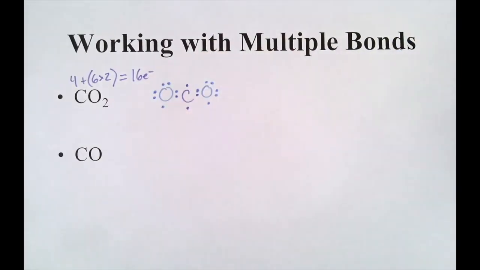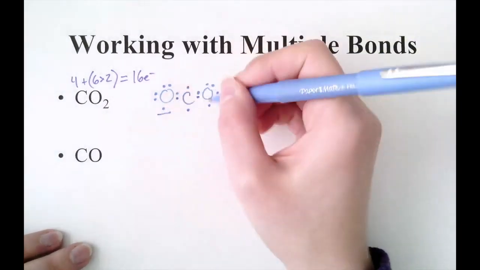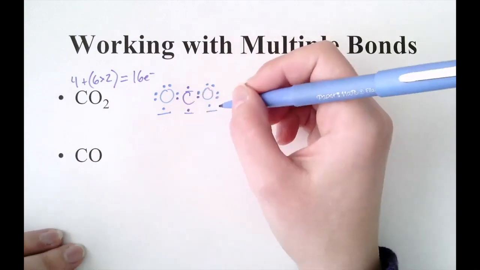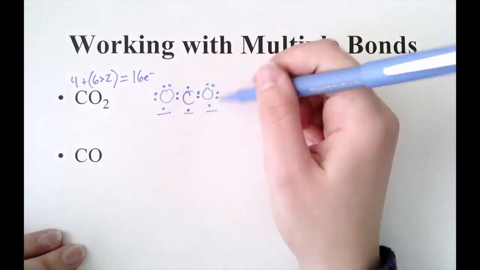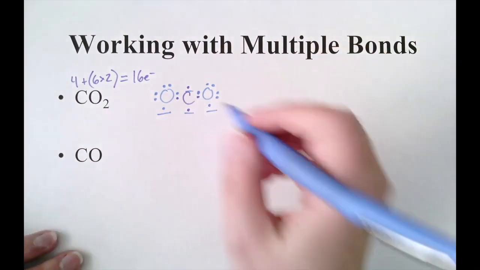If we do it this way, though, with just single bonds, you can see that this doesn't satisfy the octet rule. So we're going to need to do multiple bonds. So I have 1 unpaired electron on each of my oxygen and 2 on carbon. So I'm going to need to share 2 sets of electrons between carbon and both oxygens.